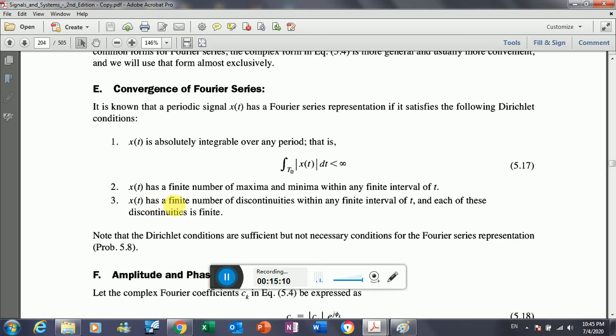Third point is x of t has a finite number of discontinuities within any finite interval of t, and each of these discontinuities is finite.